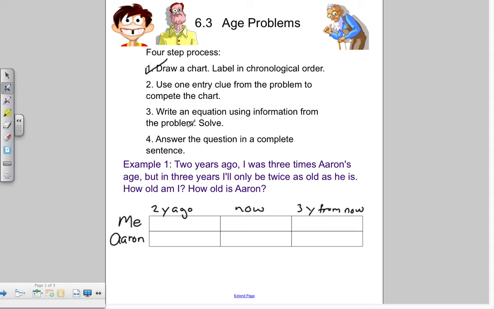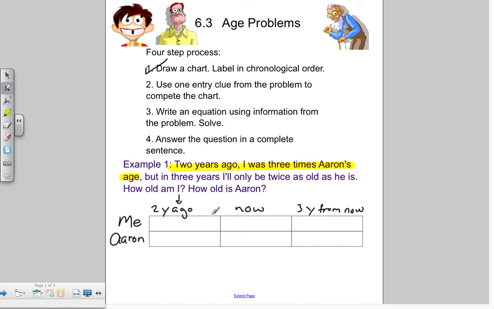Okay, number 2, use one entry clue from the problem to complete the chart. Okay, so I did use 2 years ago, but let's look at the rest of what this is saying, and I'm going to highlight it. 2 years ago, I was 3 times Aaron's age. So that's the one clue I'm going to use from the problem. And I'm going to stick to one clue, and I usually pick the first one, unless it really doesn't make sense to do that. So it says 2 years ago, so I'm talking about this column right here.